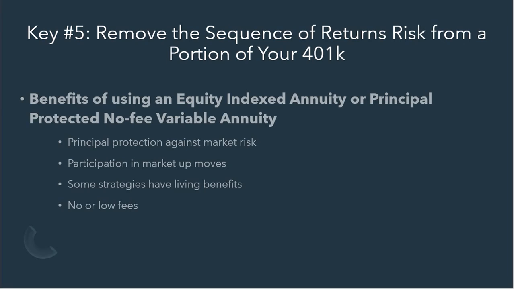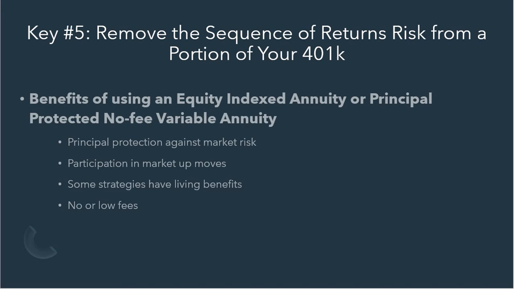But first, before I do that, I want to go over the different types of annuities. So number one, there's variable annuities. Historically speaking, these variable annuities give you some benefits, but they're really high in fees. They're not generally principal protected. They're exposed to the markets, but they give you tax deferral. I generally use variable annuities for non-qualified accounts or non-retirement accounts, if it makes sense.